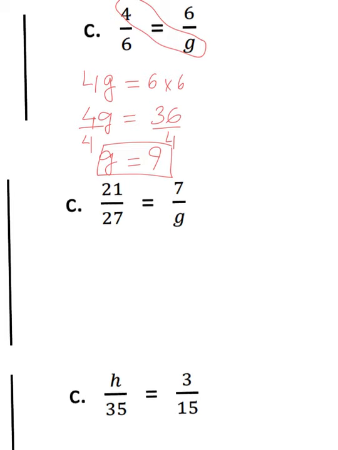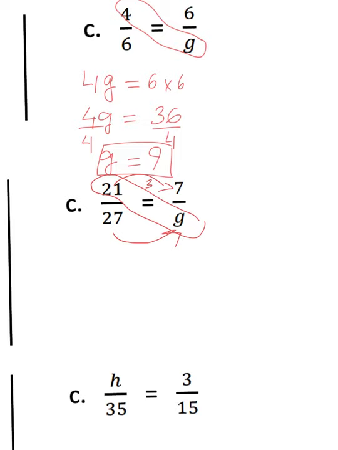For C, we have 21 over 27 equivalent to 7 over g. Oh, remember we do the side to side method, with the arrow toward the variable. How many times does 7 go into 21? 3 times.